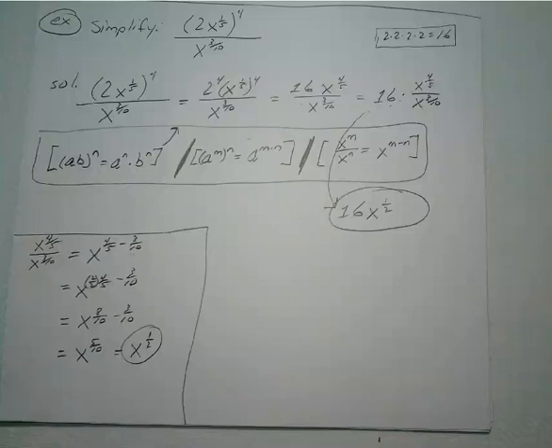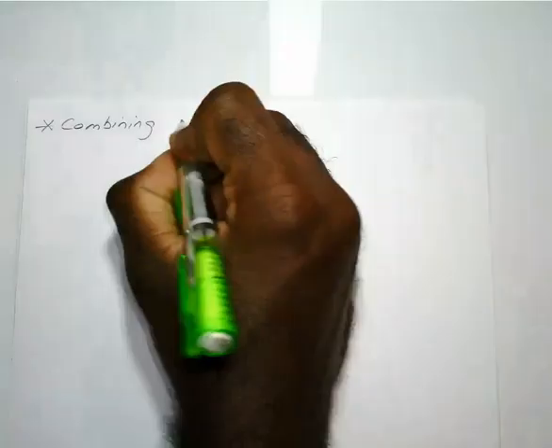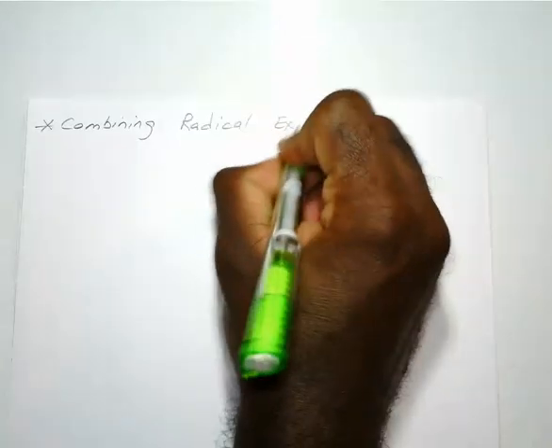Okay, so now we're going to look at combining radical expressions. All right, so to combine radical expressions, okay, we just have to kind of go back and look at some rules a little bit.